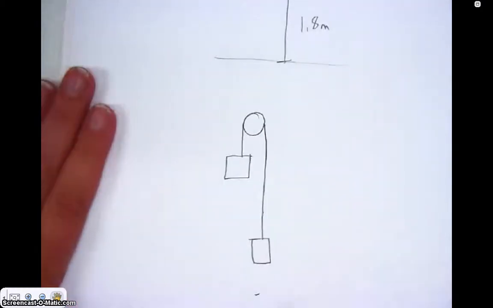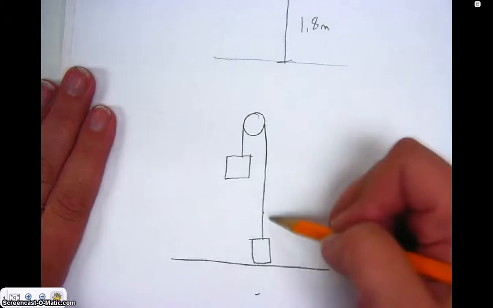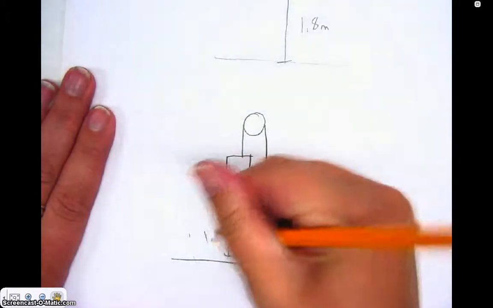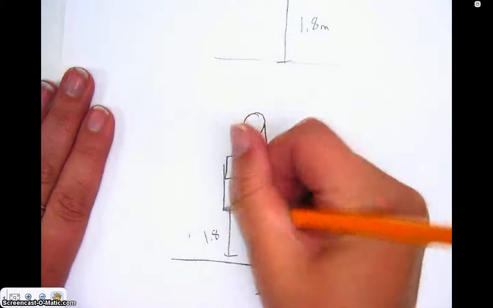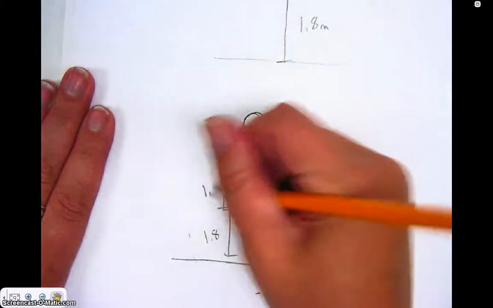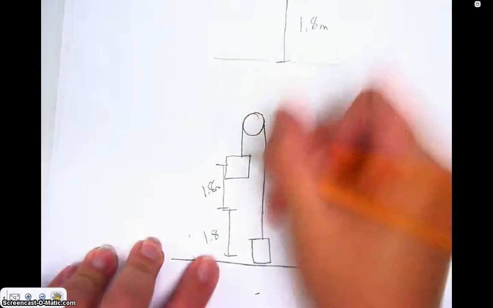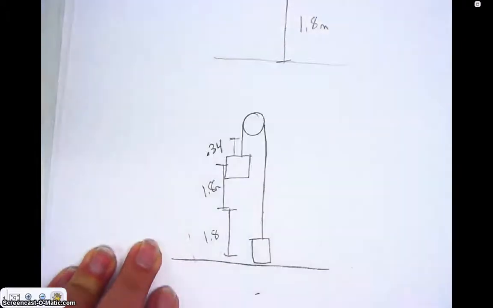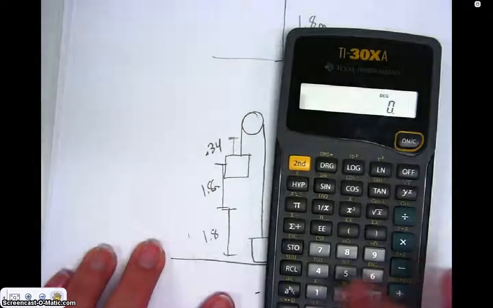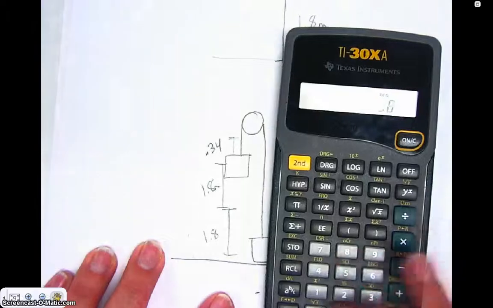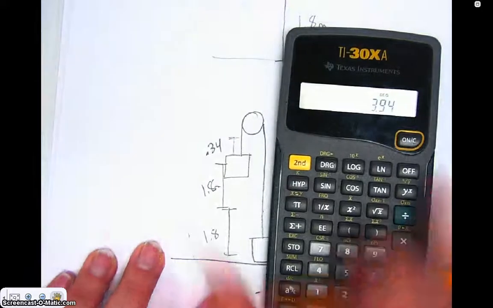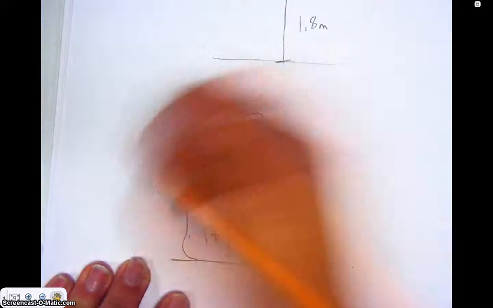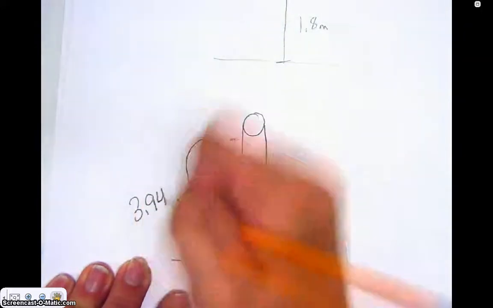We have the original 1.8, plus another 1.8, plus the little hop up, which is 0.34, which we just calculated. So the answer to the question is 3.94 meters. This is the maximum height that this block reaches.